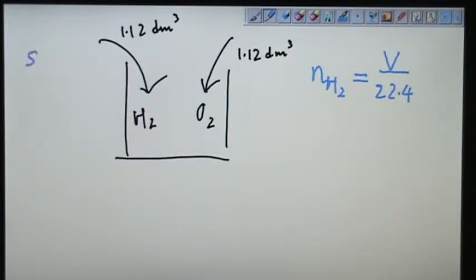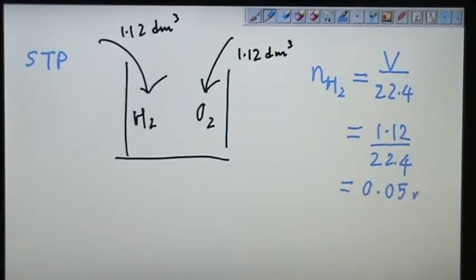Since they mentioned that all these are done in STP condition, I could just proceed with 1.12 over 22.4. That will give me 0.05 mole. Okay, remember blue is for hydrogen.